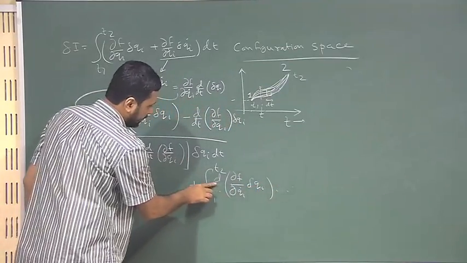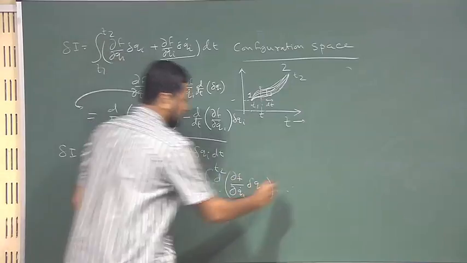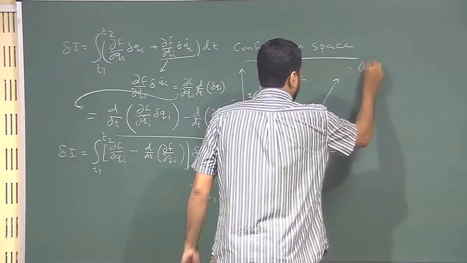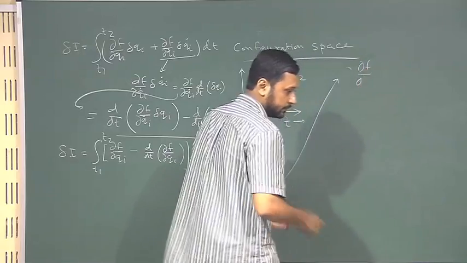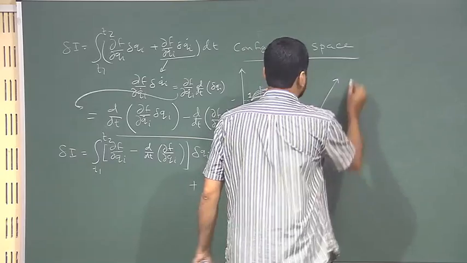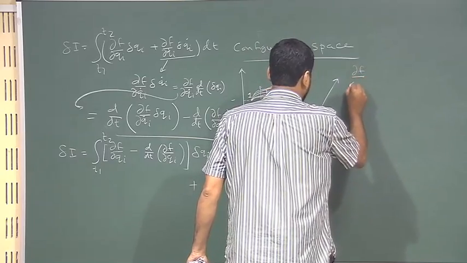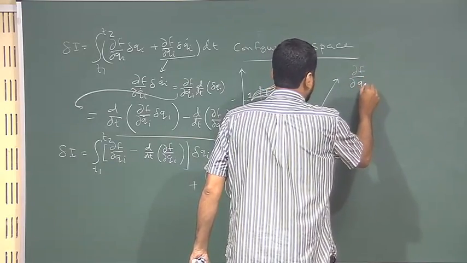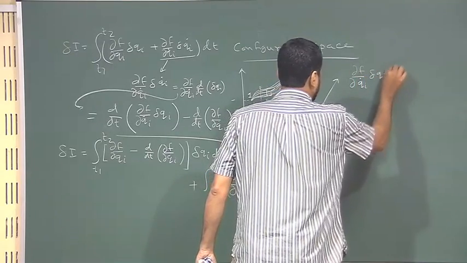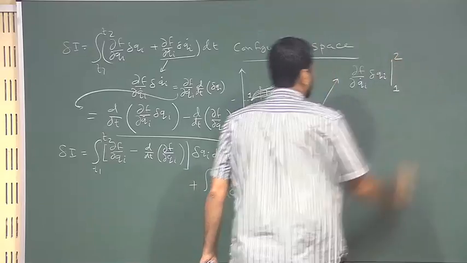Integration of d of this term will give you del f del q y dot delta q y between 1 and 2.